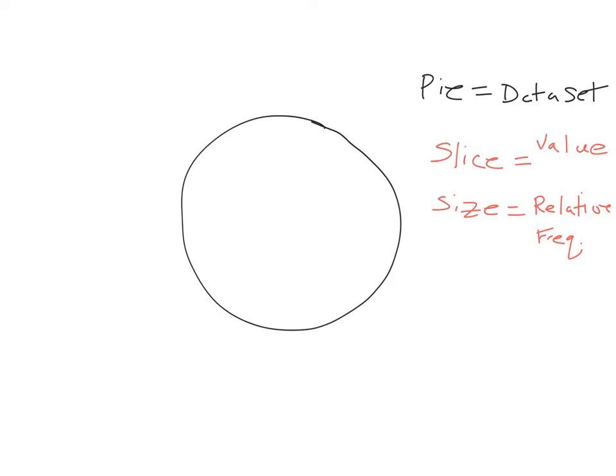For example, vanilla was half of the data set, so vanilla's slice will be half of the pie. Chocolate's was about 23%, so its slice will be 23% of the pie, etc.